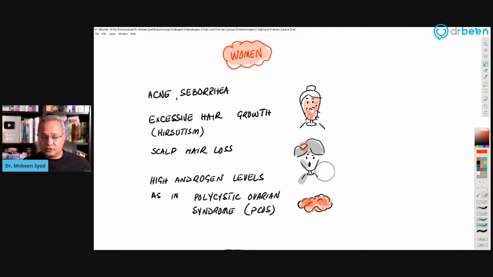Then hirsutism, or excessive hair growth in women. Then scalp hair loss. Some women experience hair loss, which is sort of like male baldness. Not exactly that pattern, but there are patches of hair loss. Then high androgen levels, which in women are supposed to be less, other than estrogen and progesterones.